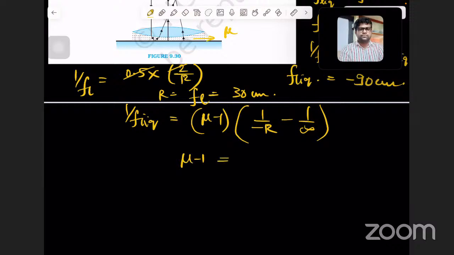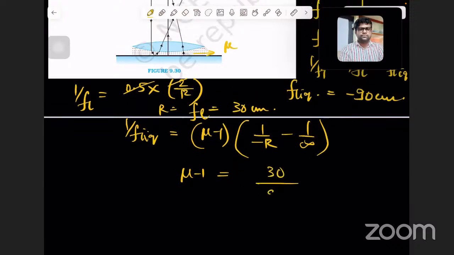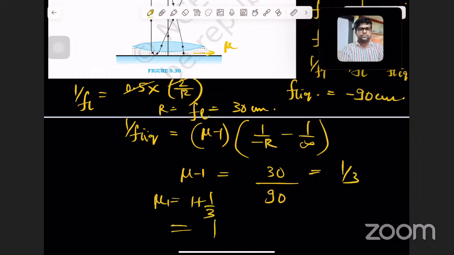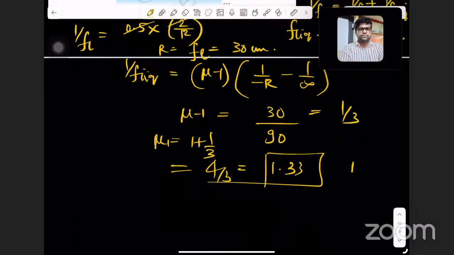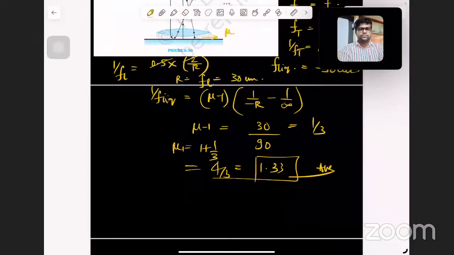Mu minus 1 is, r is 30 centimeters, and f liquid is 90. So 1 upon 3. So mu is 1 plus 1 upon 3, that is 4 by 3, which is about 1.33. So that's the answer to this question.